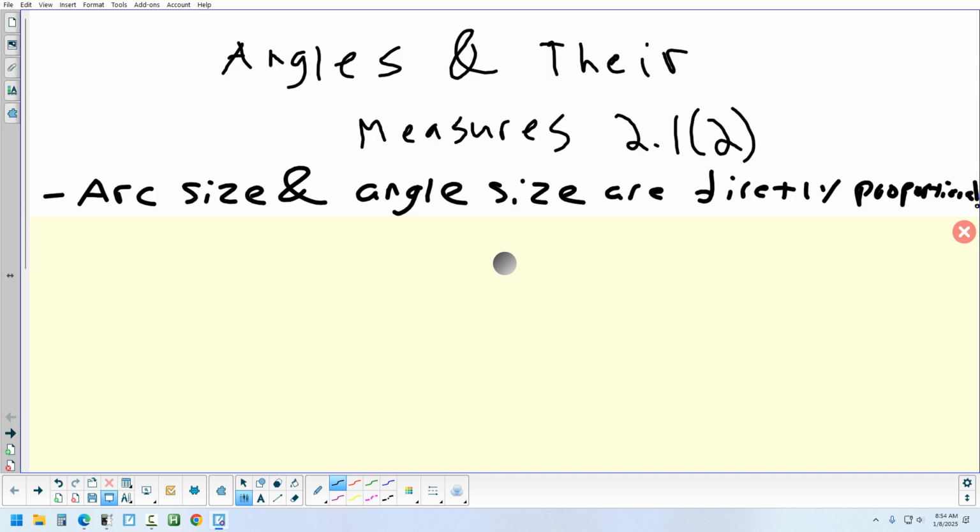Ran out of space. So arc size and angle size are directly proportional. What that means, if two things are directly proportional, is that as you change one thing, the other thing changes exactly the same way. So let's look at a picture of that and see what that means.